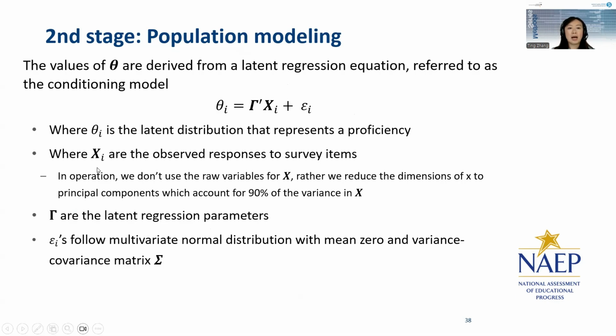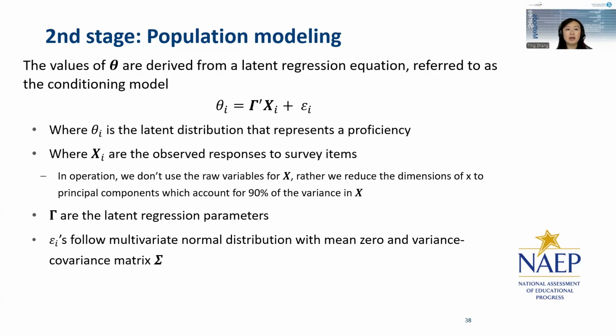The X sub i are the observed responses to the background questionnaire items. Remember, PIAAC collects a huge amount of background information from each respondent, for example their workforce, their education background, and some demographic information. In operation, when we fit a latent regression model to the background data, we don't use the raw data.